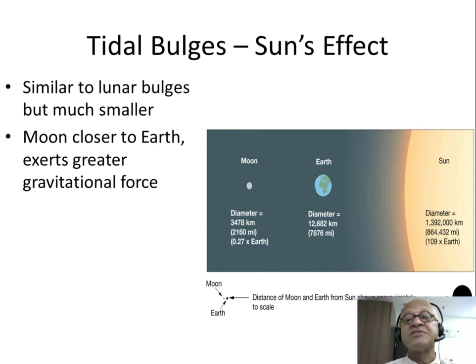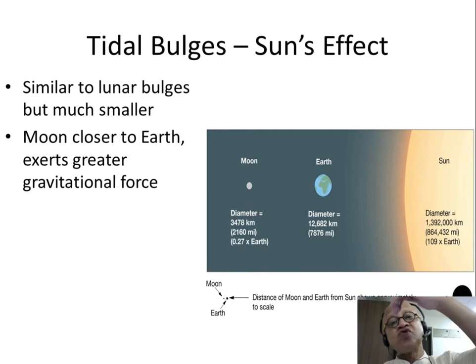Okay, so despite being much more massive, the sun is much further away, which makes the residual tidal force much smaller. But obviously it depends on the position. If the moon is on one side and the sun is on the other side, then the forces are obviously opposing each other.